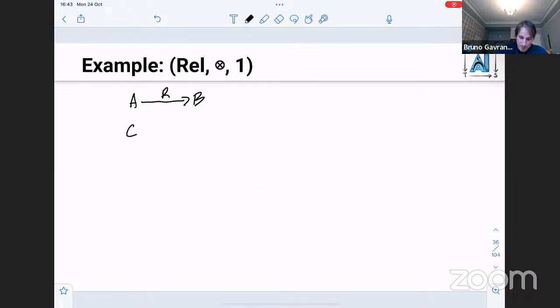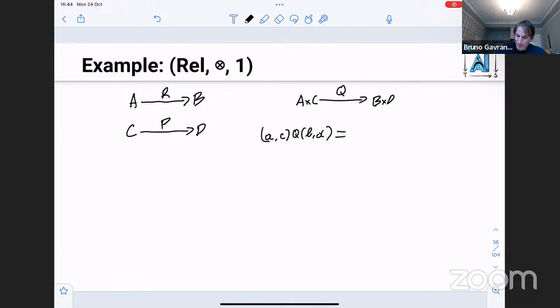If we have another relation, let's call this P, which goes from C to D, we can form the monoidal product of these relations, which on objects is given by just the Cartesian product on objects, so B times D. And we can form a composite relation. I'm going to call this Q, where Q of (A, C) and (B, D) is defined to be true if and only if A is related to B and C is related to D.